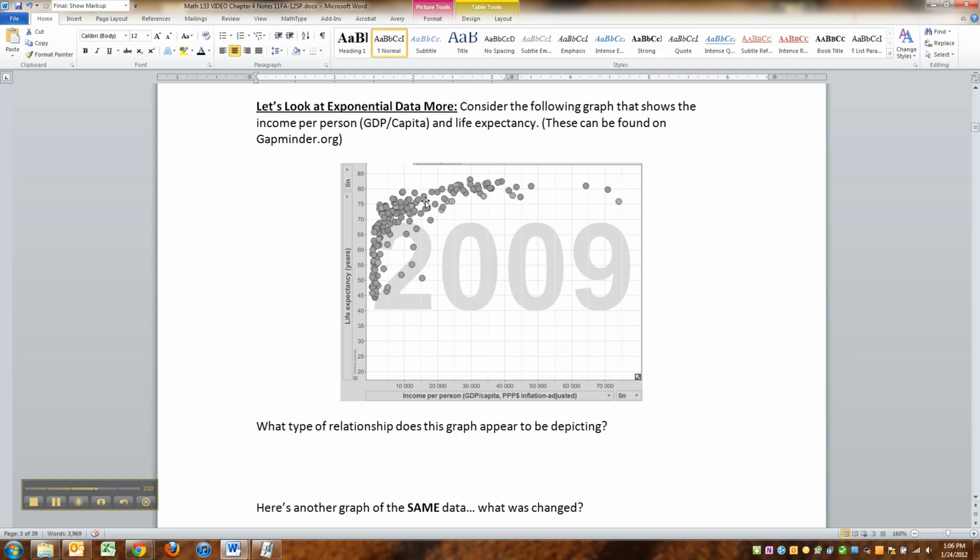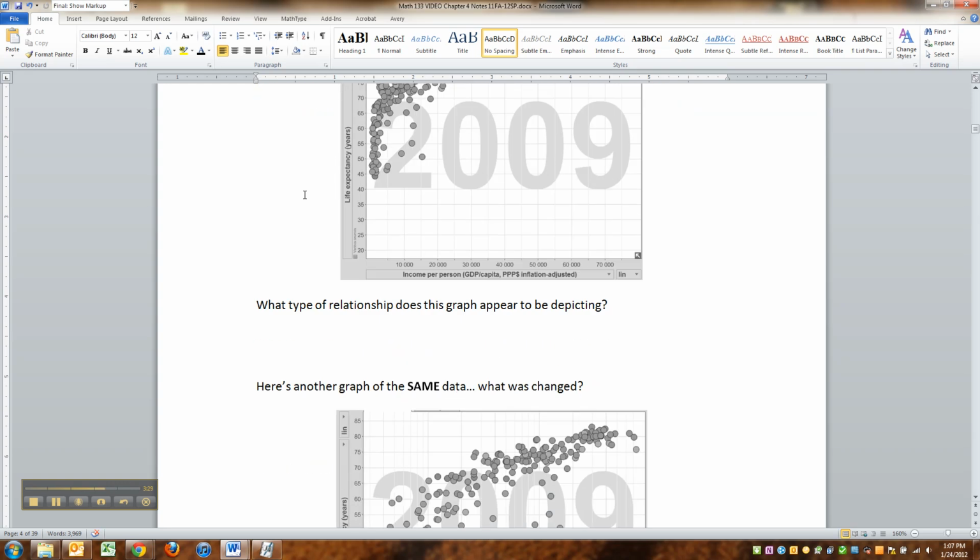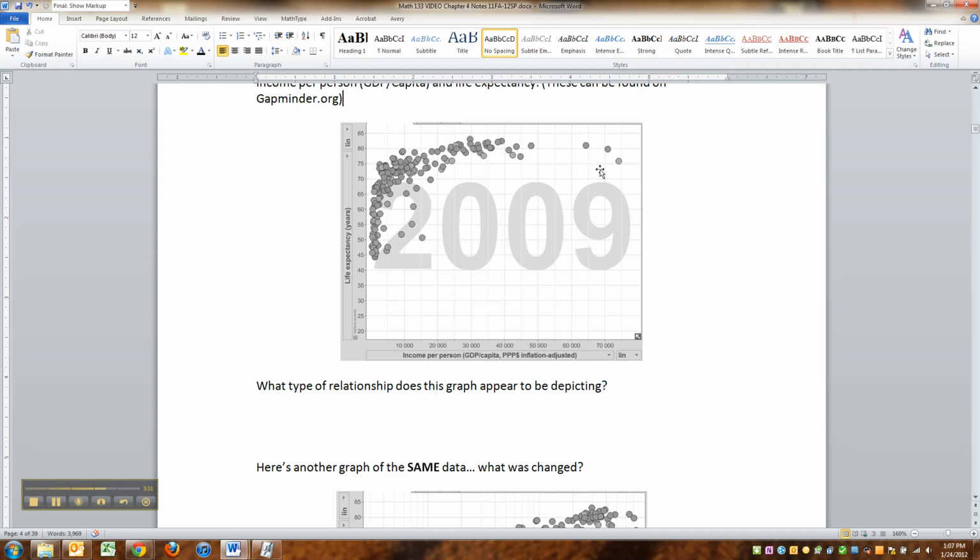Okay, let's look at exponentials just a little bit more because a lot of things follow exponential curves, especially in real life. So the following graph shows the income per person and life expectancy. And you can get these on gapminder.org. I can show you how to do it some other time. What kind of relationship does this appear to have?